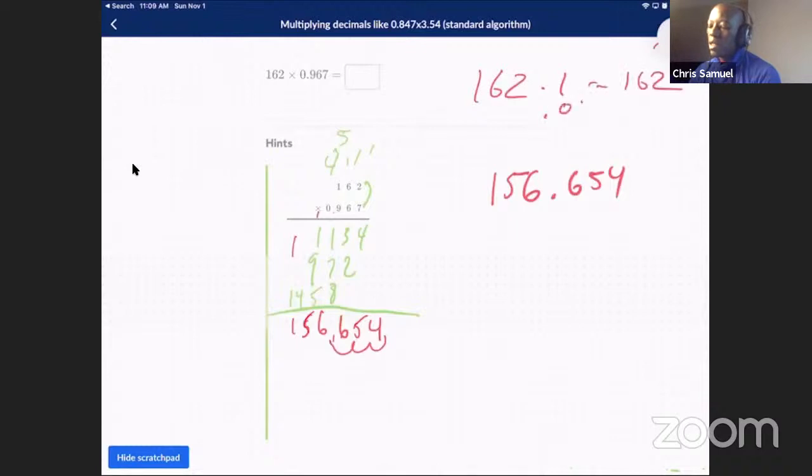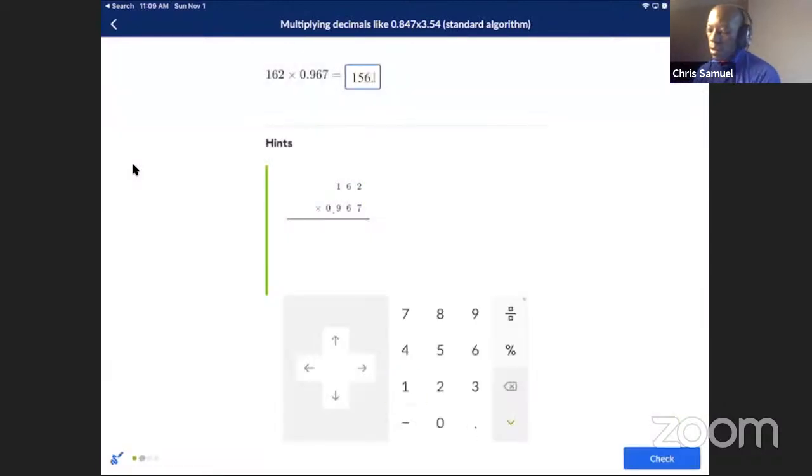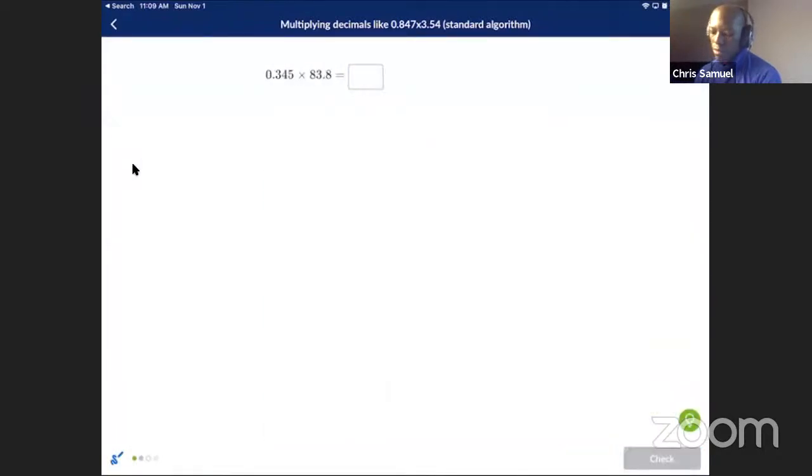So if you make a number that's less than 1, there's no way this is going to be more than 162. 162 times 0.967 is going to be less than that. So maybe this is a good answer. Yeah, these are really long. I don't really want to do all these things right now.